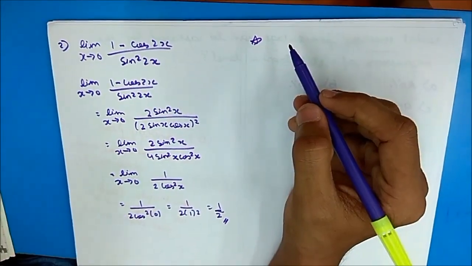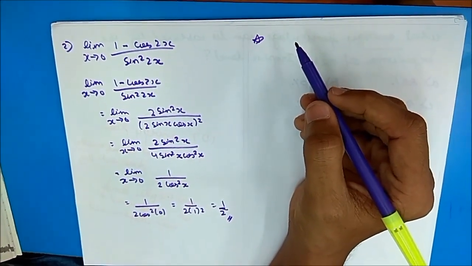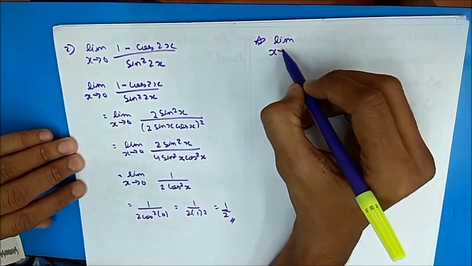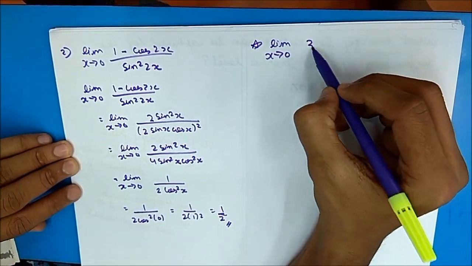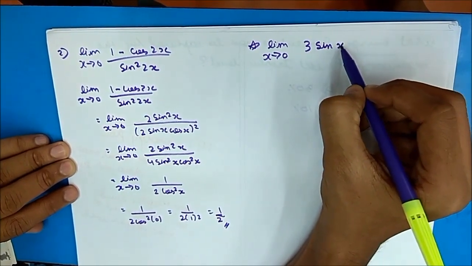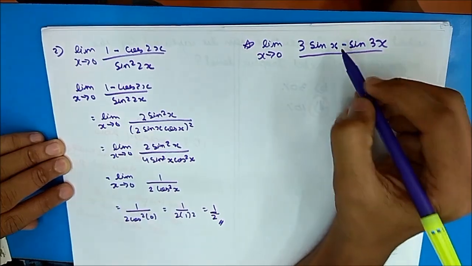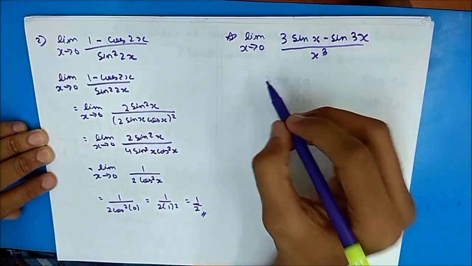Example, limit x tends to 0, 3 sin x minus sin 3x upon x raised to 3.